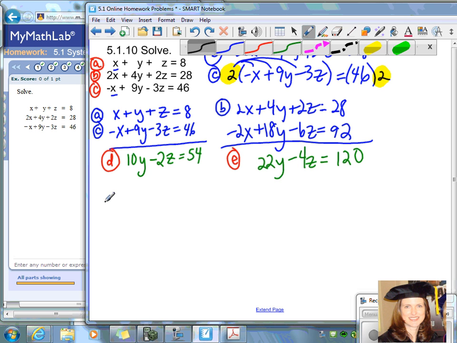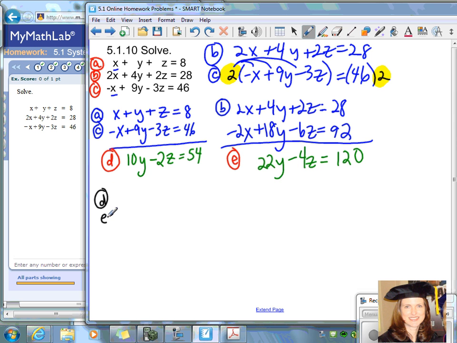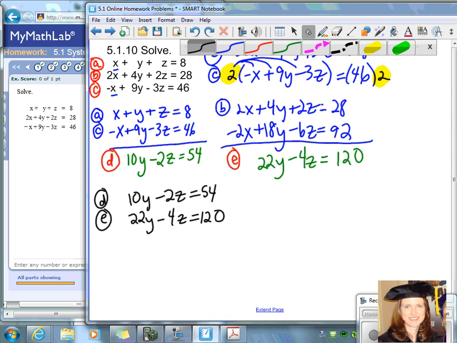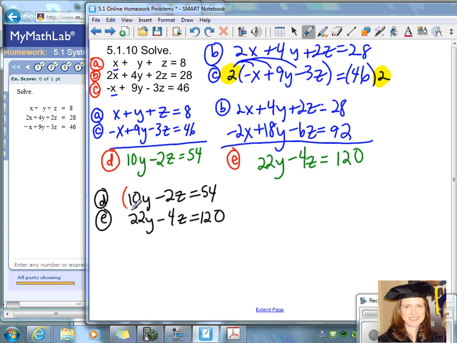Now I'm going to combine equation D with equation E. Equation D was 10y minus 2z equals 54, and equation E is 22y minus 4z equals 120. Now here I want to get opposite y terms or opposite z terms. The way you can get opposite terms here is by multiplying the whole first equation, equation D, by -2 on both sides, and I'm going to get opposite z's.